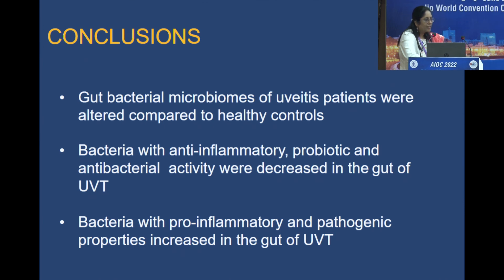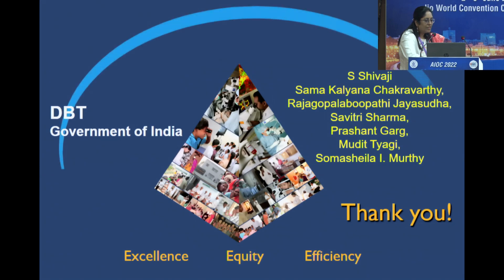So what we concluded in our paper was that the uveitis patients had an altered gut microbiome, where the anti-inflammatory gut microbiome was less, whereas the pro-inflammatory and pathogenic gut microbiome was much higher in patients with uveitis. So where does that lead us?